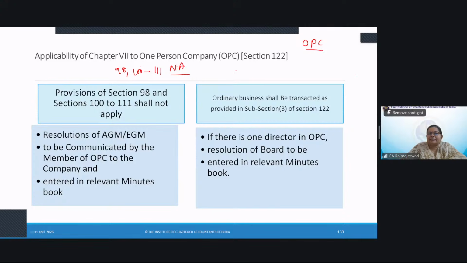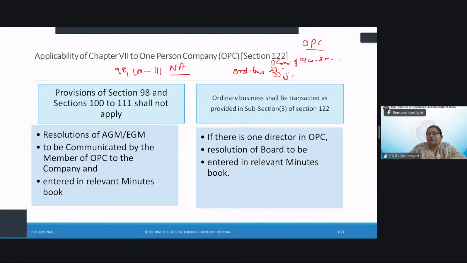Then ordinary business shall be transacted. What is ordinary business? Namely, consideration of accounts, the director's report, the auditor's report, and the financial accounts thereon. That is the first thing. Then declaration of dividend. Third, appointment of directors, those retiring by rotation, and reappointing them.